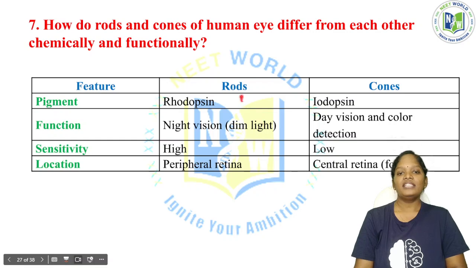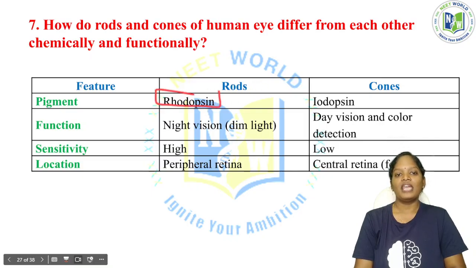See here, there are rods and cones present in the retina of the eye. In the rod cells, there is a pigment called rhodopsin, and the pigment present in the cone cells is called iodopsin. Very important. Rod cells function as night vision during the night.